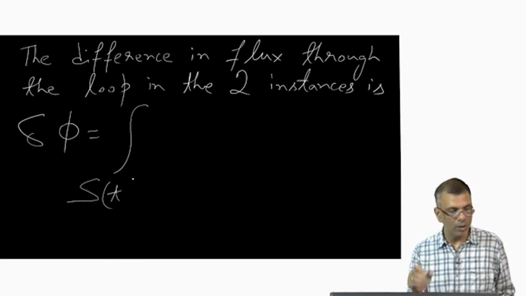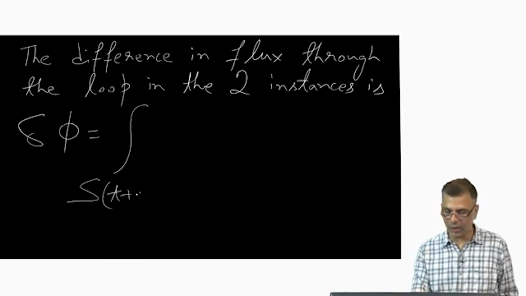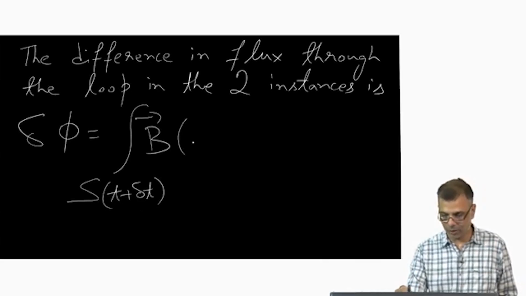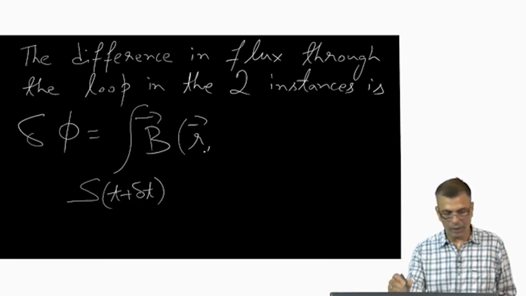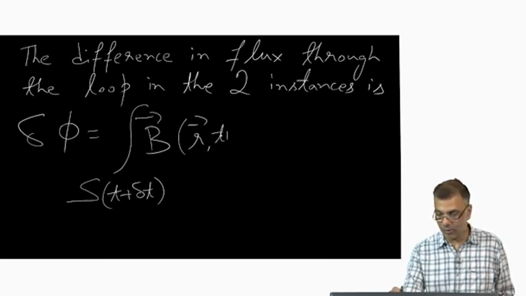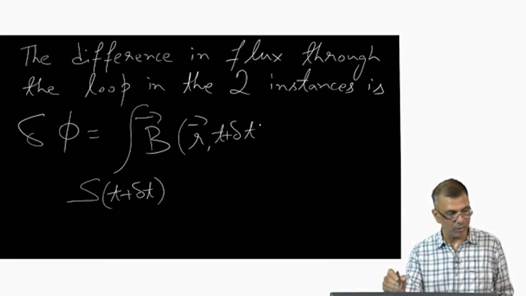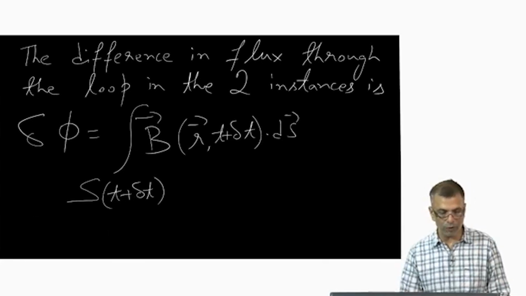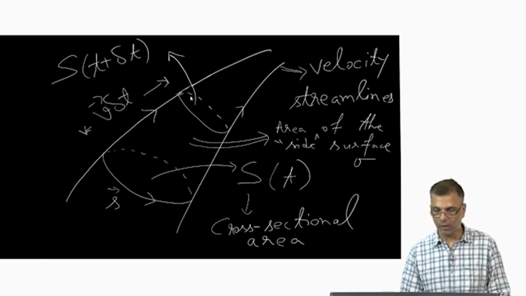the integration over the cross sectional area at t plus delta t of the magnetic field, which is a function of position and time, and the time is t plus delta t, mind you, dot dS. This would be the phi at t plus delta t.